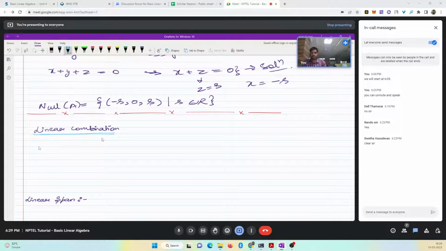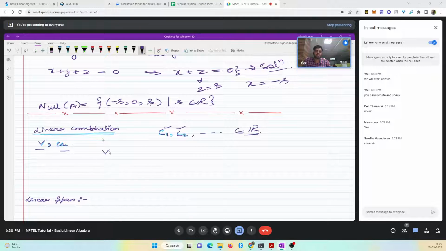Let's say you have a vector v and a vector u, and scalars c1, c2, c3, coming from the real numbers.